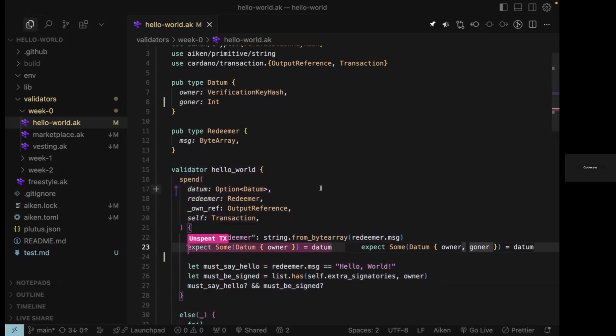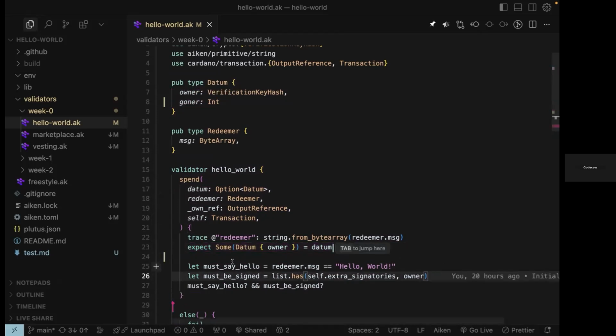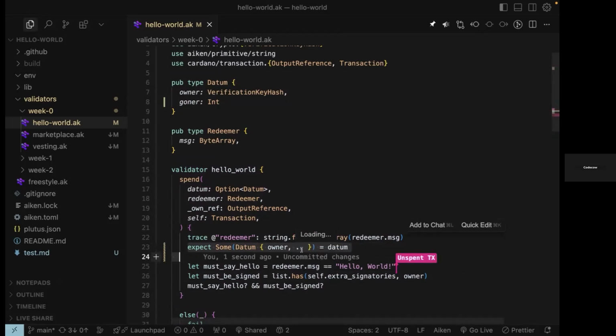So when you make a transaction and you pass in a datum, it doesn't have to have goner on it. No, exactly, I completely agree with you. My question is, you are basically saying in this statement, all you are saying is the owner section of the datum is what we care about, right? That's all you're saying. Yes.